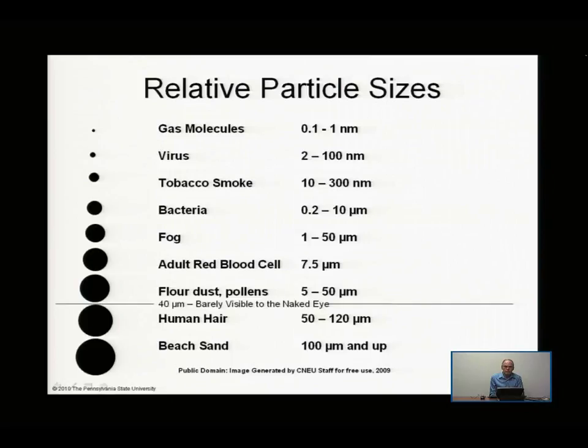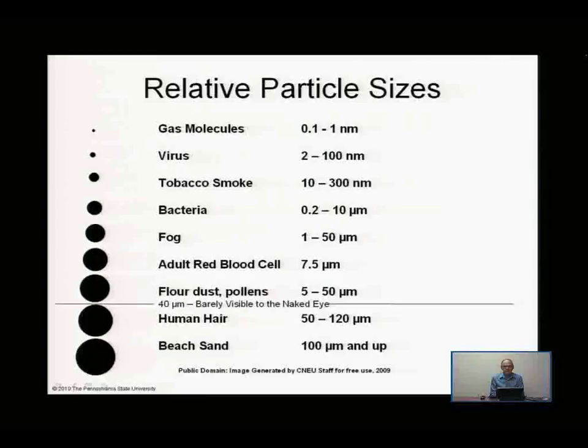A bacterium cell can be in the 200 nanometer up to 10 micron range, depending on the cell size. So as I mentioned earlier, those can be boulders. Tobacco smoke particles are boulders. Viruses are boulders if they get onto a product during its fabrication, during the processing steps.